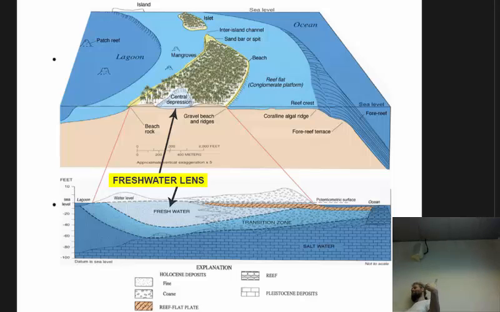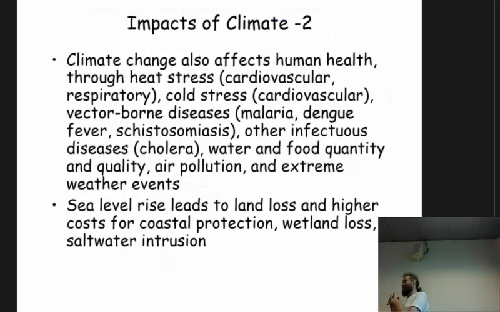That means that more salt water will intrude into their groundwater reserves, and they will essentially lose their freshwater reserves long before the island disappears under the sea. The island disappearing is a prospect of 70, 80, 90 years, while losing their freshwater resources is a prospect of 30, 40 years. It will come much sooner. And yeah, if you have an island but no fresh water, then there's little point in you being there.